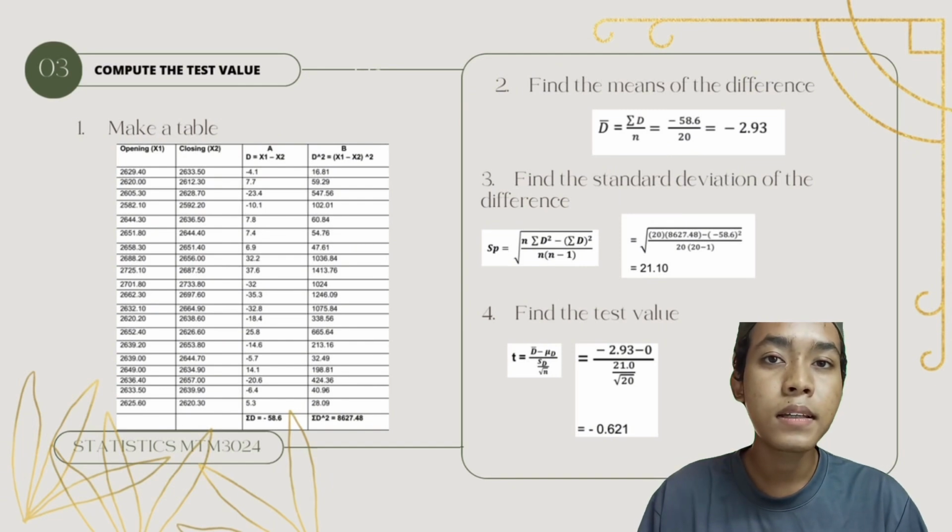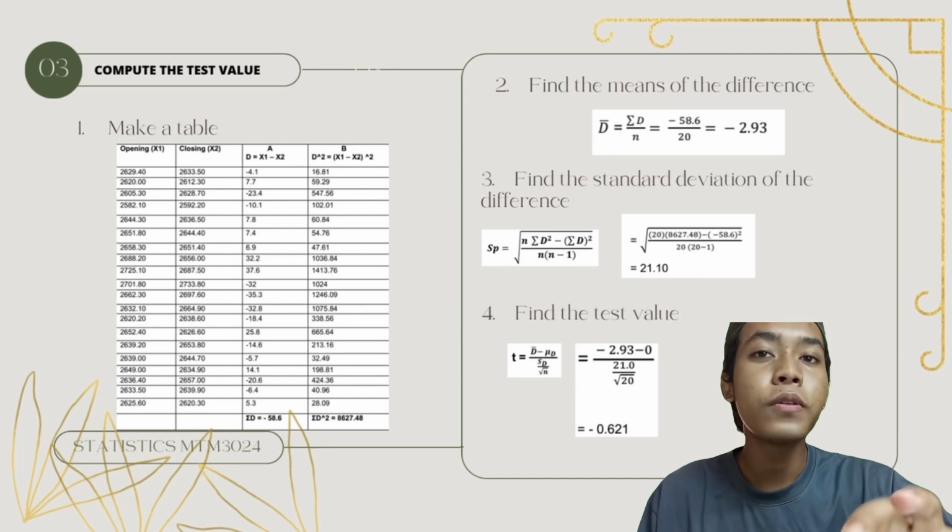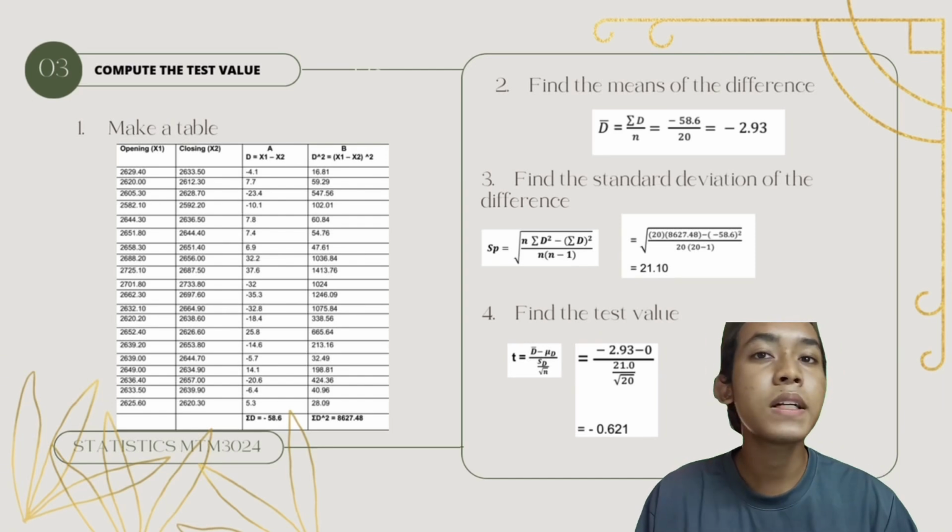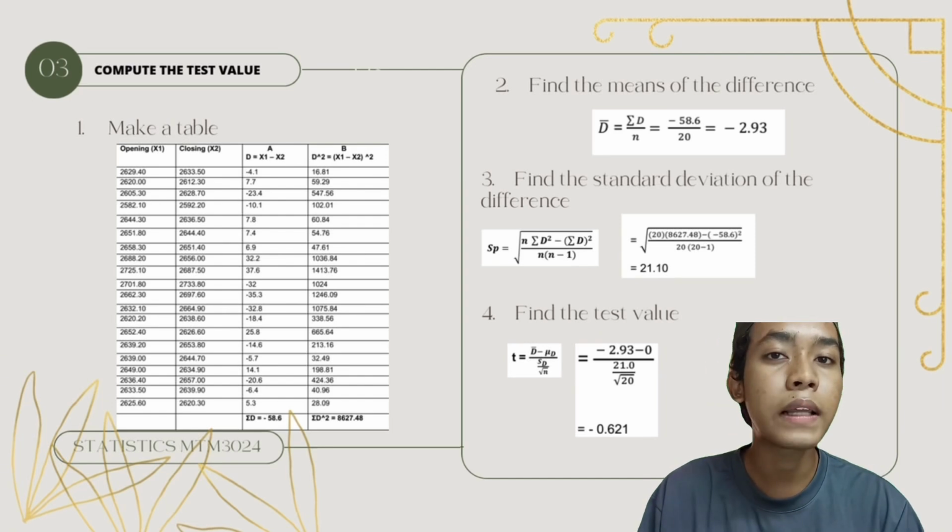The test statistic is then calculated using the formula T equal to D bar over SD over square root n, resulting in T equal to negative 0.621.